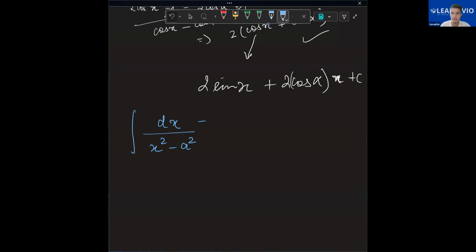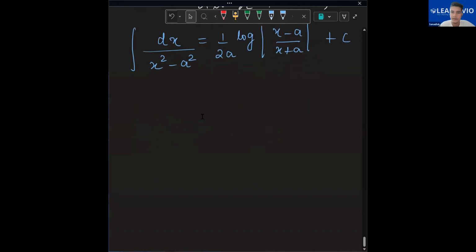If you have this type of form, then integration for this is 1 upon 2a log of x minus a upon x plus a plus c.